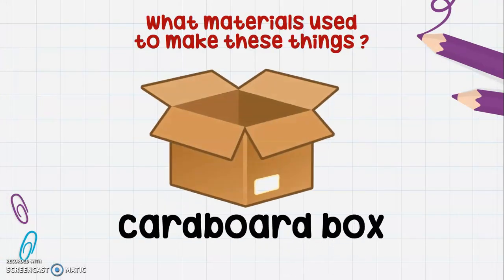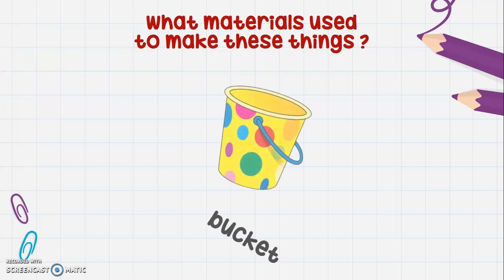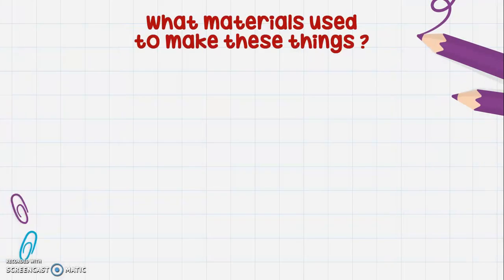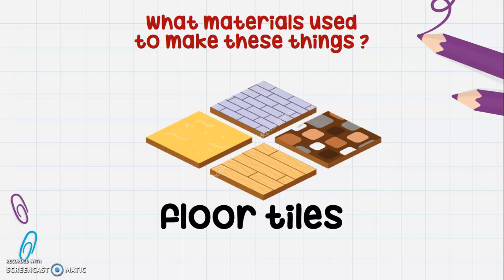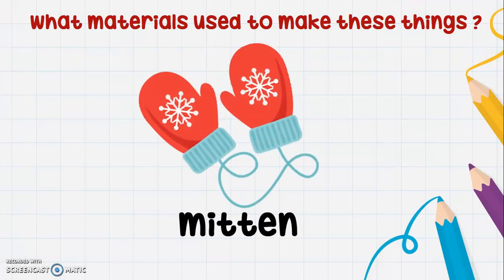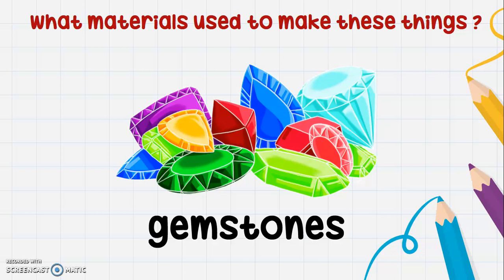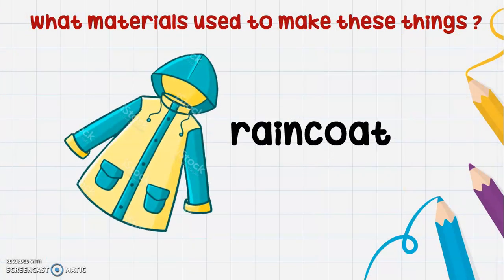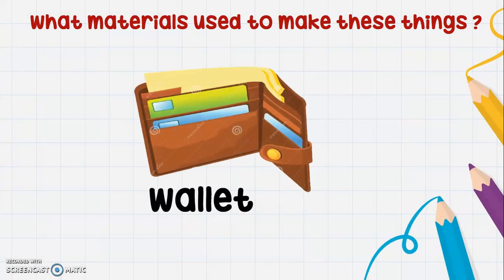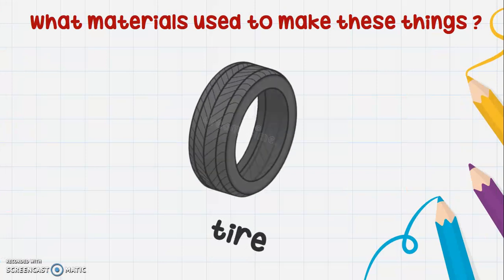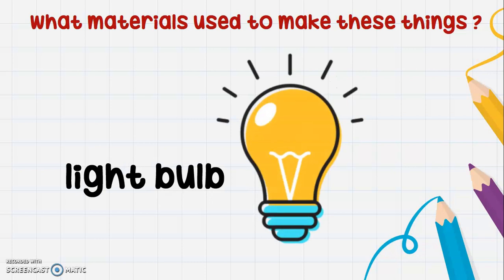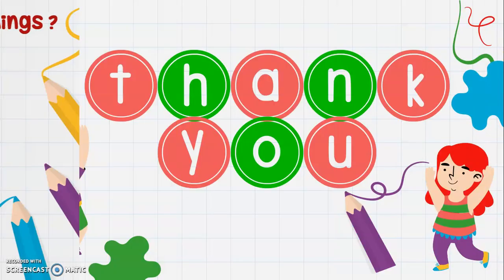And then cardboard box, a bucket, a floor tiles, a mitten, a board, and what about the gemstones? Okay, the raincoat, you already know, right? The wallet, tire, light bulb. Are you guessing?